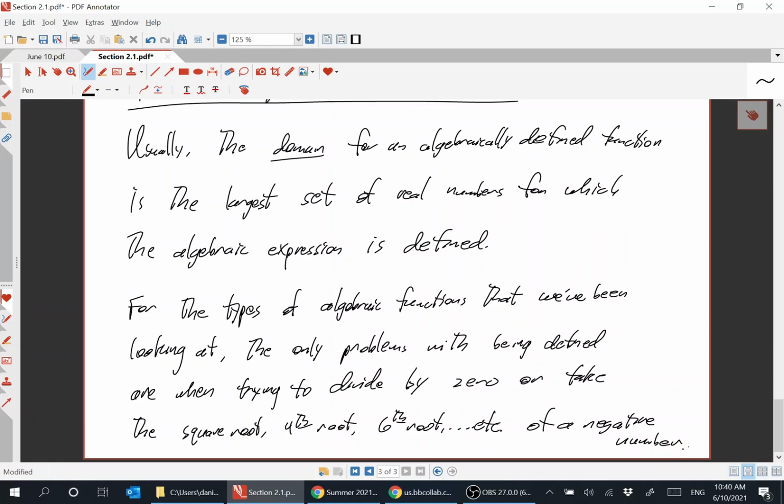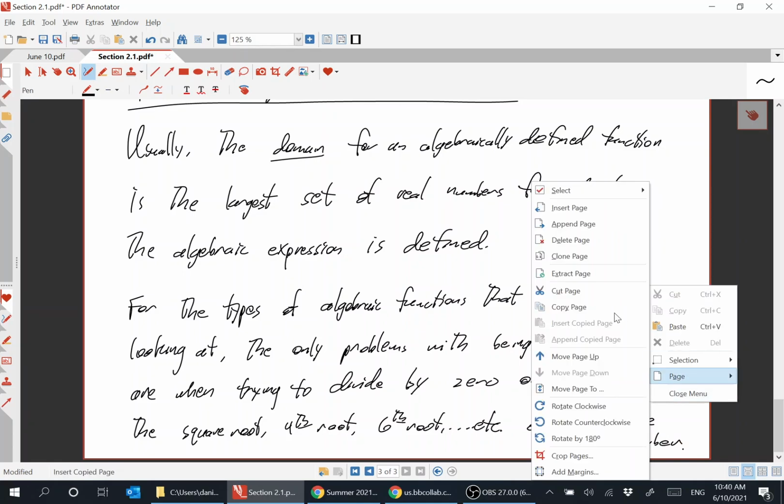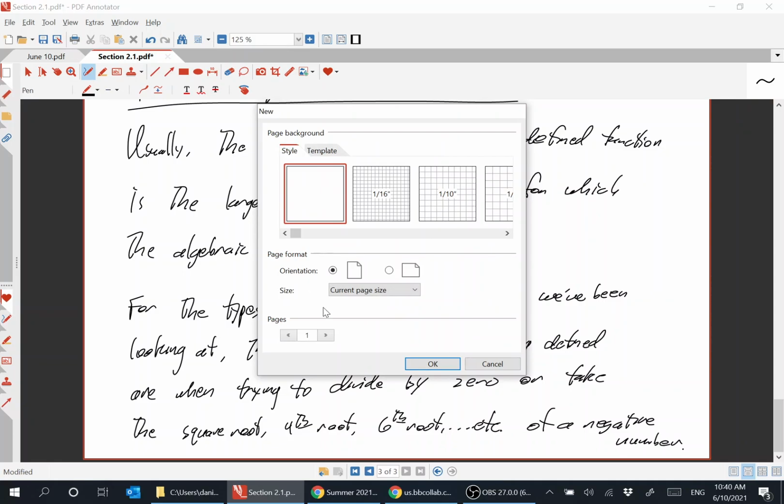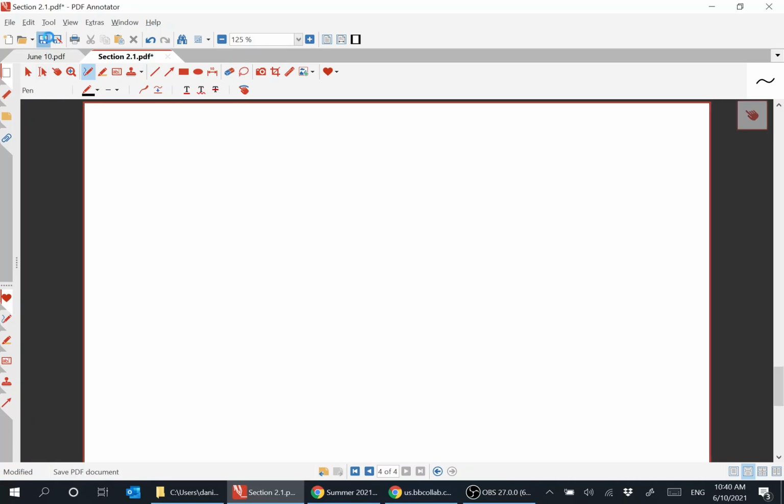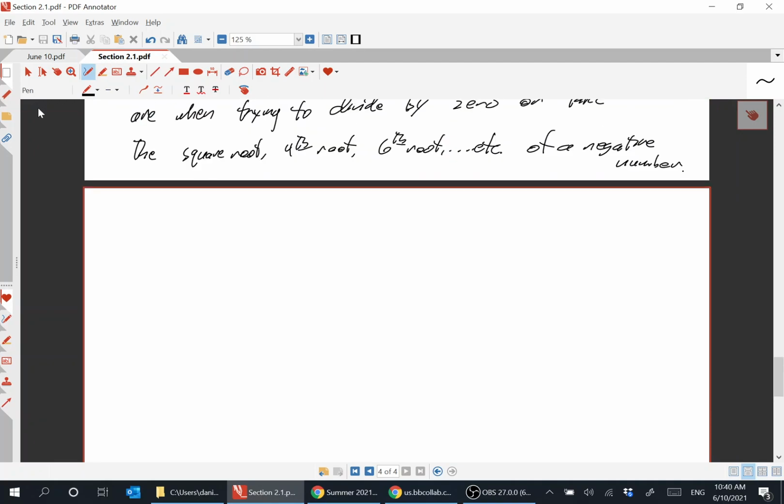Like the cube root of negative 8 is negative 2, because negative 2 times negative 2 times negative 2 is negative 8. It's just the even root of a negative number that's not defined, because when you multiply a number by itself an even number of times, it's always positive. If you do it an odd number of times, it's positive or negative, depending on whether the number you started with is positive or negative.